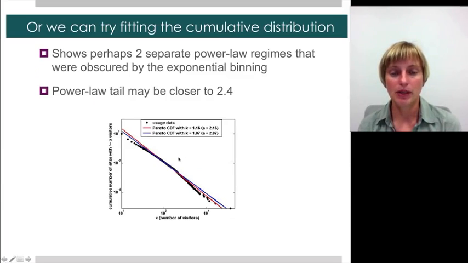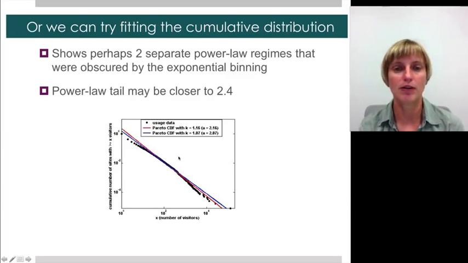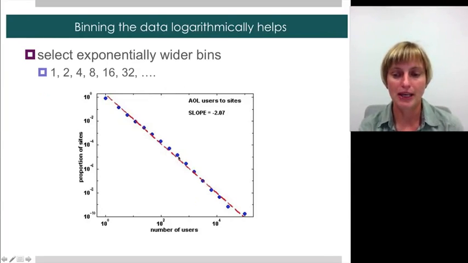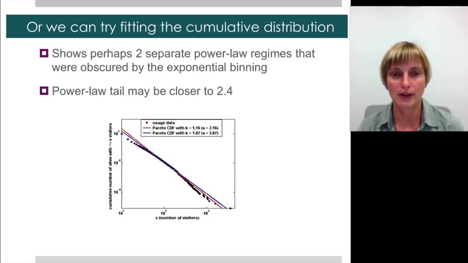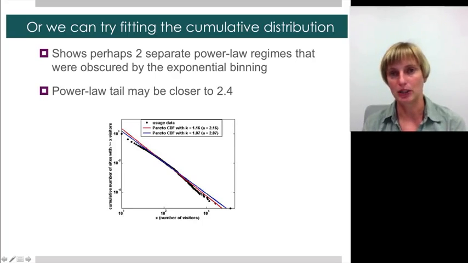So if we do this kind of exponential binning, we may lose information about a little bit of deviation from a power law where we don't have as many sites as you would expect with very low numbers of visitors. And then again, in the tail, it doesn't quite match up to the power law.